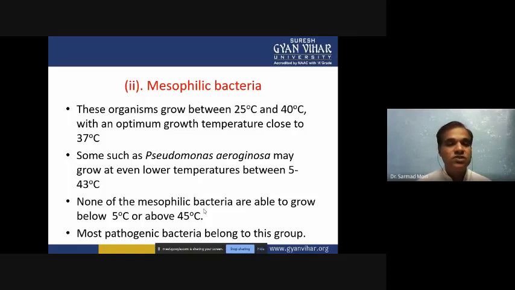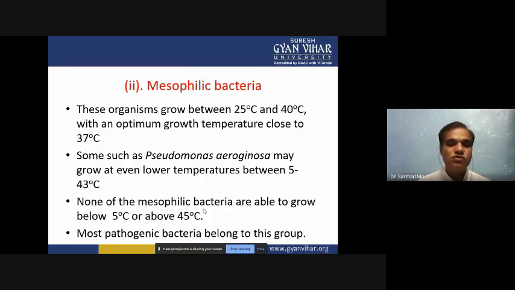So if we keep our food material between 5 and 43 degrees, the food will be spoiled very fast. If we keep it below 4 degrees, or keep the food material above 45 degrees, then we can easily increase the storage time.